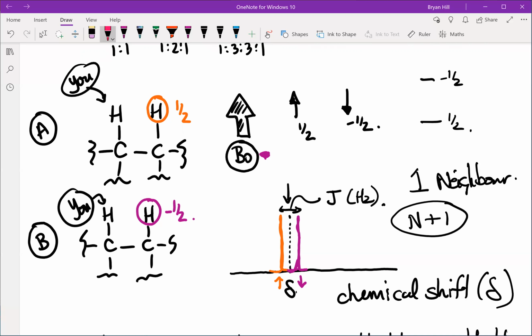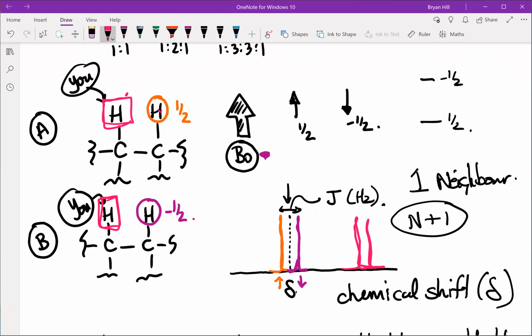So in this scenario, we fixed you as proton here or here, but there's another world in which the proton here is sensing you, because you could be aligned with the field and you could be opposed to the field as well, right? So there'd be another proton on this chart, which would also be split into a doublet.